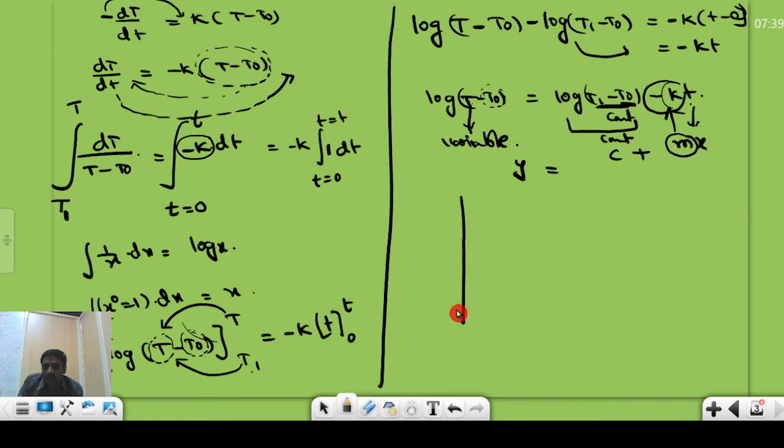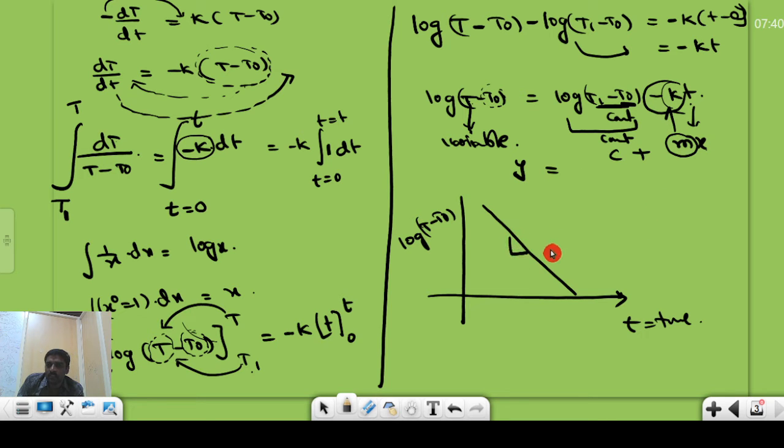If you draw a graph with y equal to log of (T minus T naught) and x equal to time t, a negative slope means we will observe a graph of this shape. So what is the slope of this graph? The slope of this graph is equal to k, which gives the information of the k value.